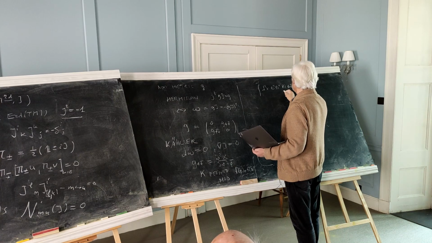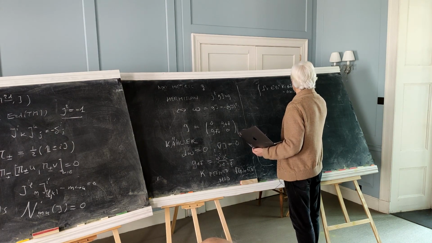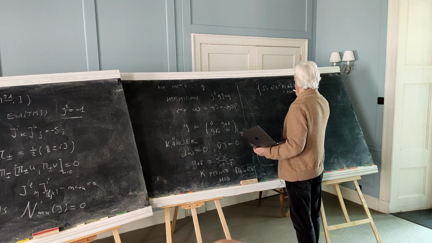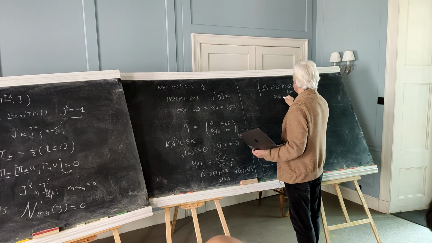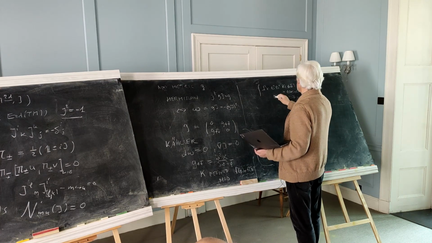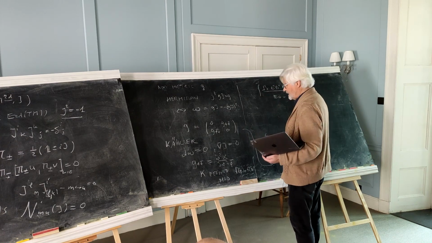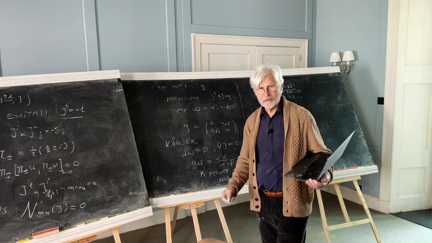Clearly, if you change this by f of phi plus f bar of phi bar, then that's annihilated by this, because d bar on phi equals d on phi bar equals 0. So the sigma model and the metric, and in fact the whole geometry, is only defined up to these kinds of transformations.